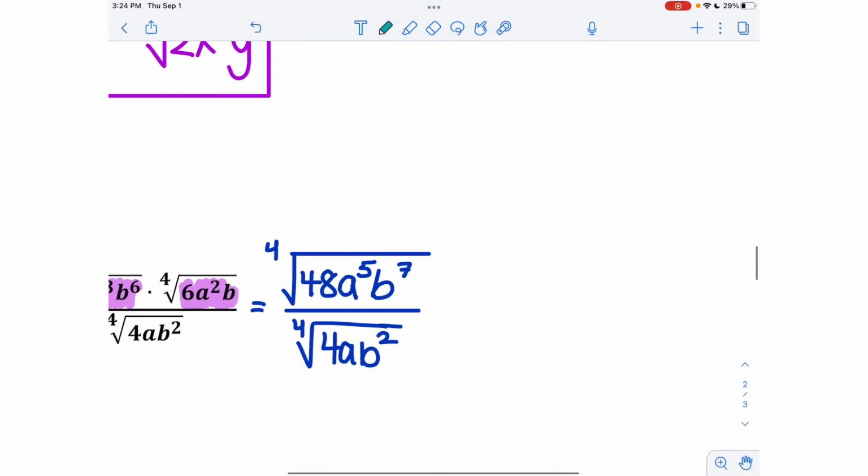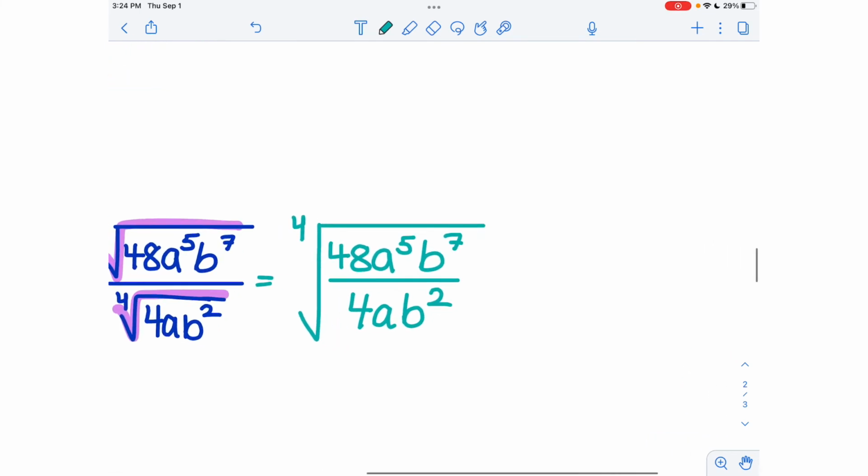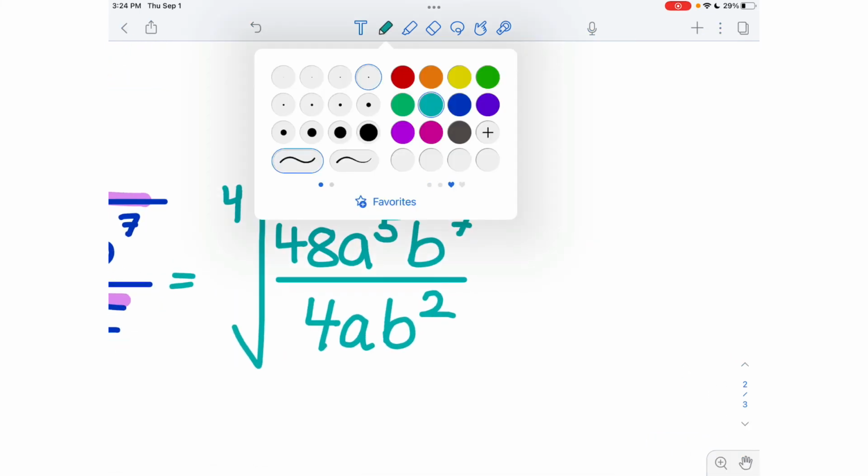However, you don't need to do it because if you have the same root over the same root, what you can do is make it one big root. 48, a to the 5th, b to the 7th, over 4ab squared.